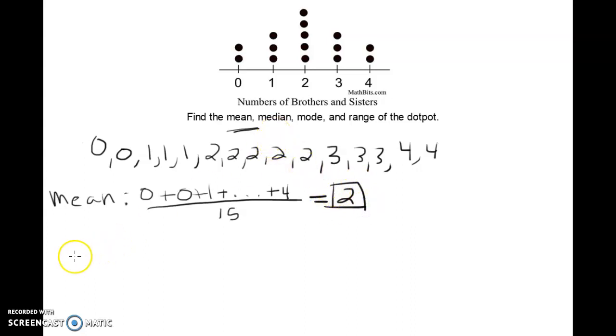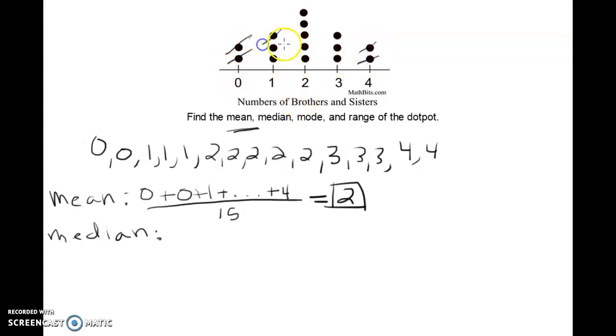Okay, our next one is the median. Since I chose to write this data out, I could find the median by crossing the data out here, but I want you to also see that you can just do that same thing on a dot plot. So on a dot plot, I could cross off these 2 zeros. I can cross off these 2 4s.